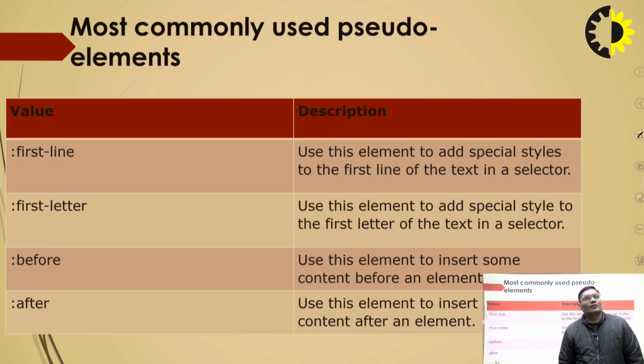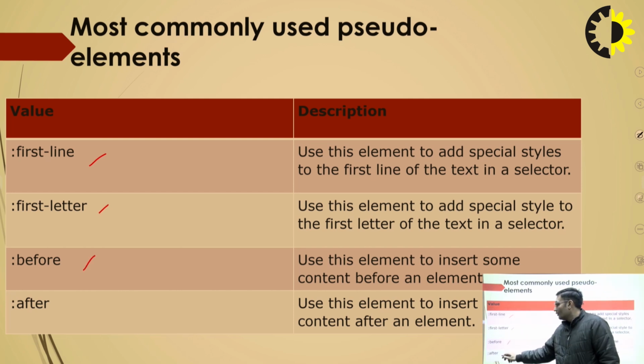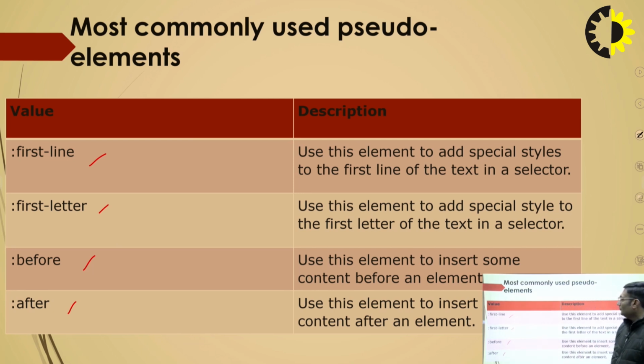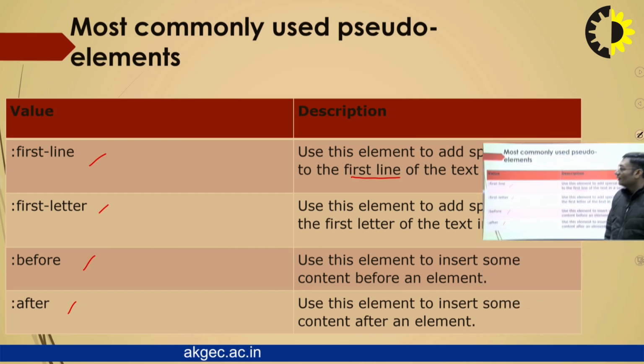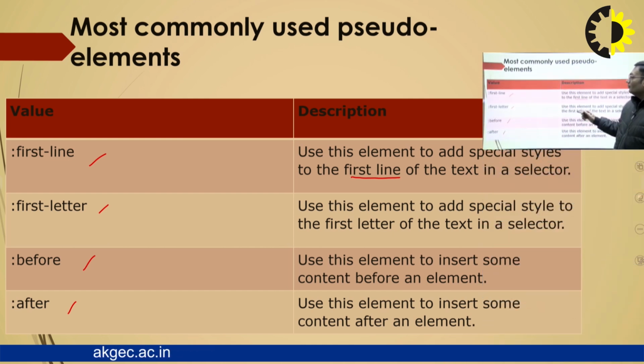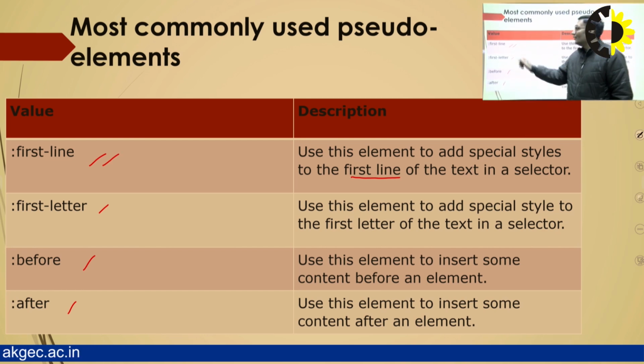Most commonly used pseudo elements are first line, first letter, before and after. First line is used to add a special style to the first line of the text only. So if we want to make changes in the first line, then we can use the pseudo element first line.